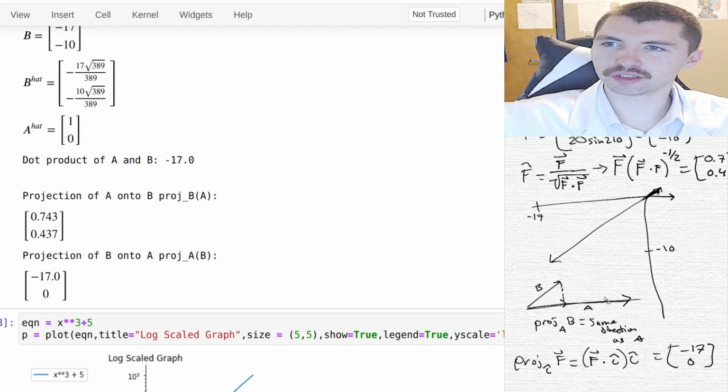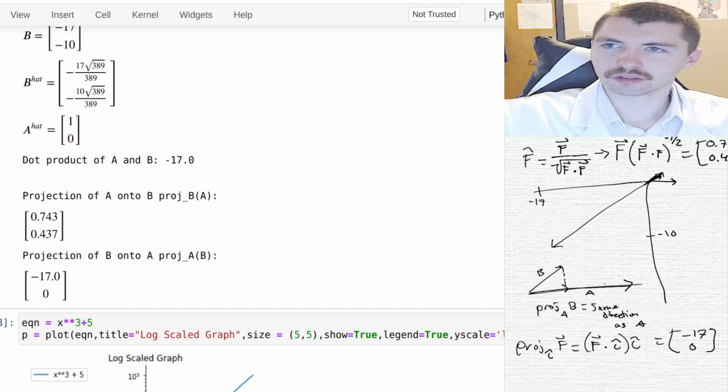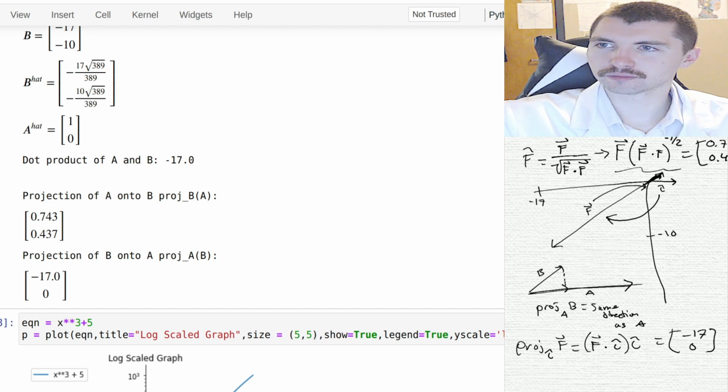So what does this mean? Here we are taking, if this is I and this is F, up here we did I onto F. So now we are taking F onto I. So what's orthogonal to that? It's got to be in the direction of I. So it's going to be negative 17.